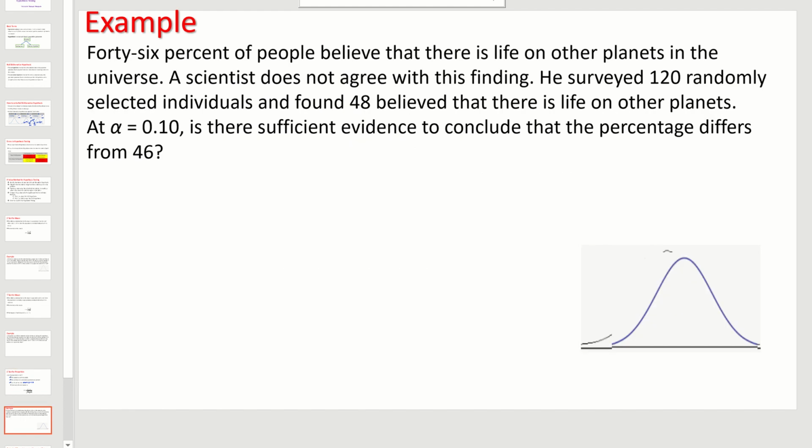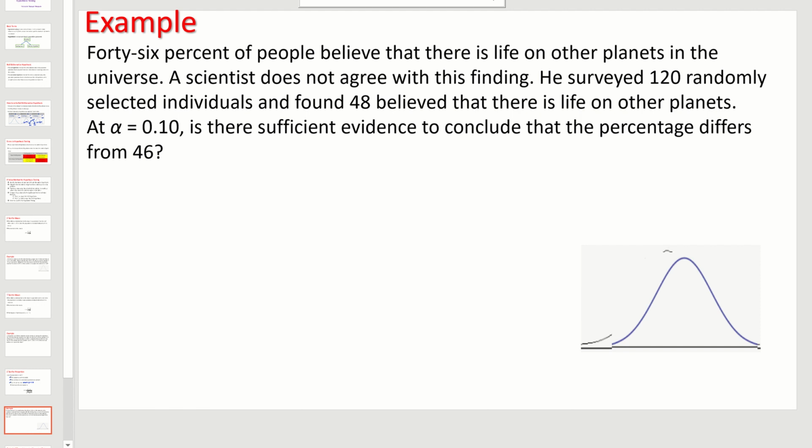Here is the example. 46% of people believe that there is life on other planets in the universe. A scientist does not agree with this finding. He surveyed 120 randomly selected individuals and found 48 believe that there is life on other planets.